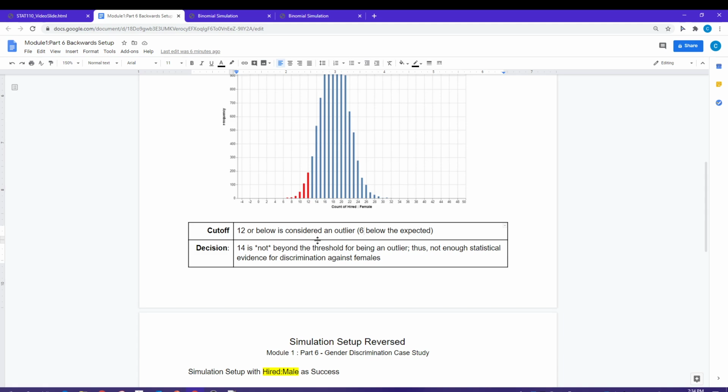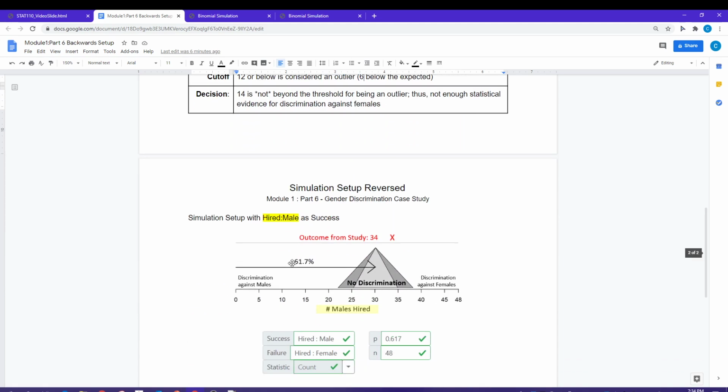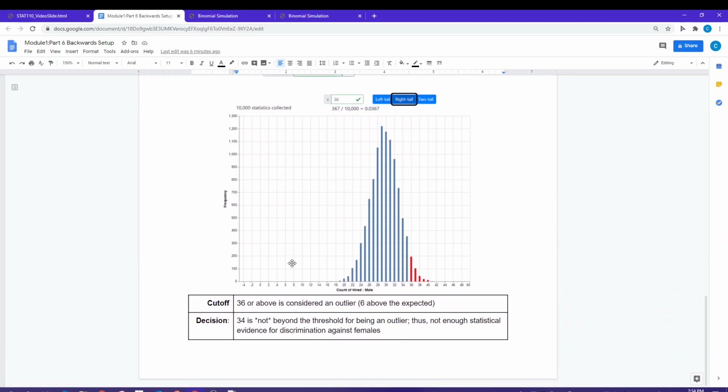So as I said, I'm going to get exactly the same outcome if I do the males here. 36 is going to be my cutoff on the upper end. The expected quantity for the number of males is going to be 30. Again, it's that 48 minus the 18 that I would expect for females. So that leaves 30 as my expected for males.